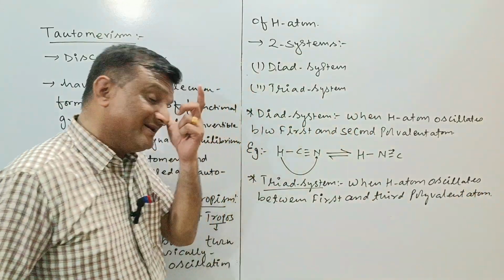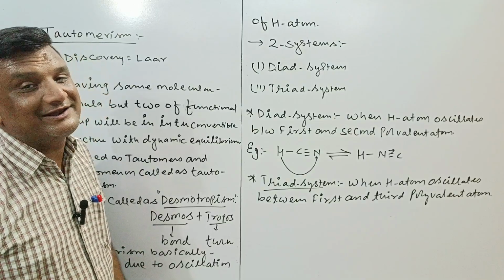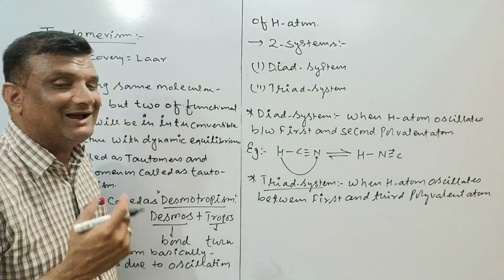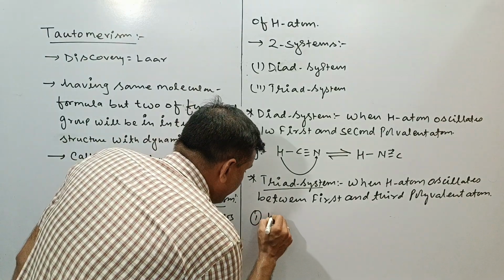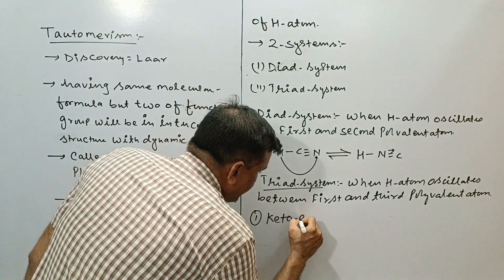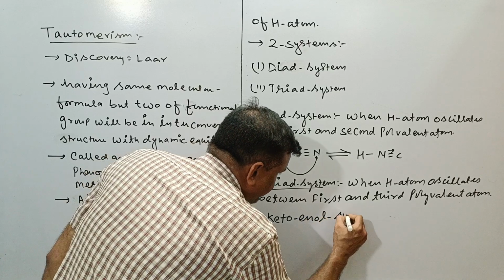As triad systems we can take the example of a lot of functional groups. First of all, we'll go with the keto-enol system.